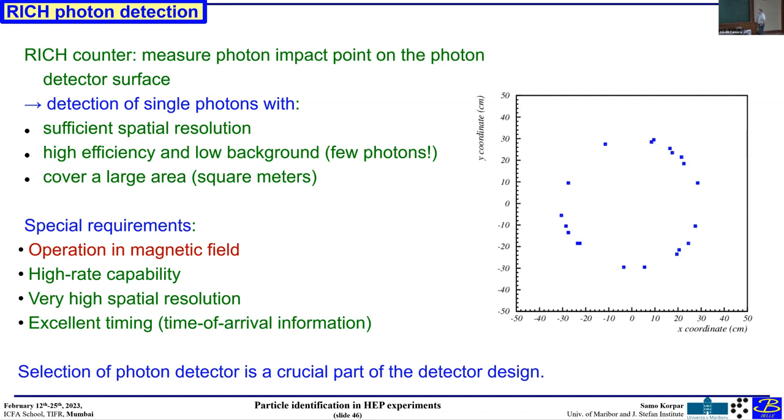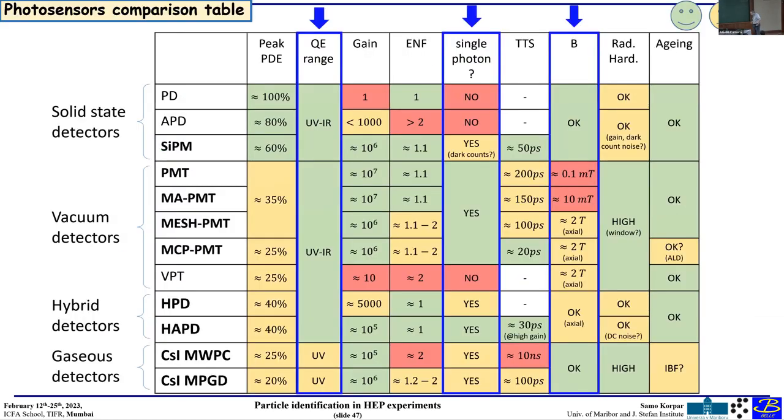Nowadays we have several megahertz per square centimeter, very high spatial resolution, again to cope with the high rates, and excellent timing to separate different bunches or different interactions within a certain event. So its selection is a very important part of the design of a ring imaging Cherenkov detector.